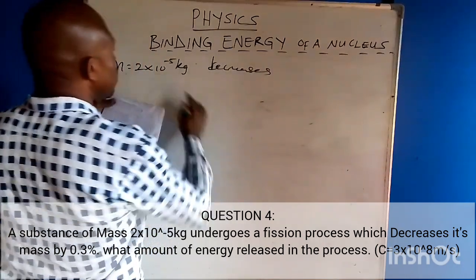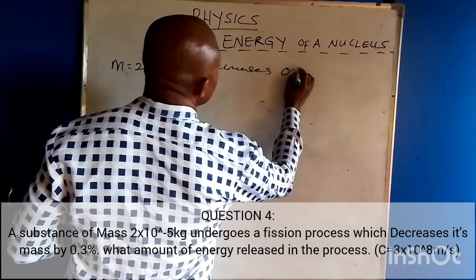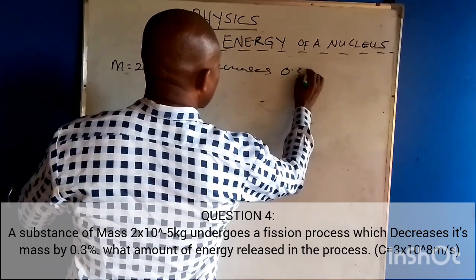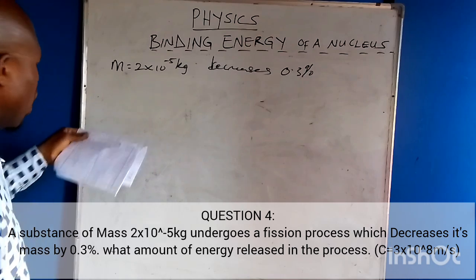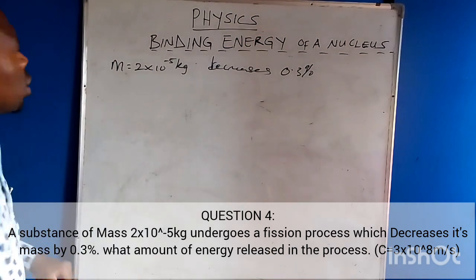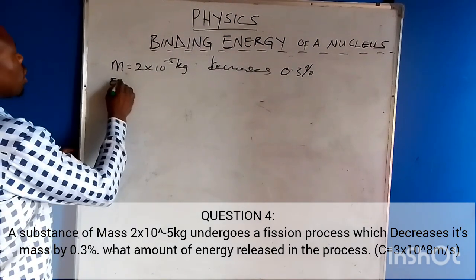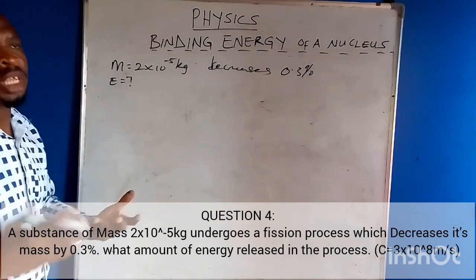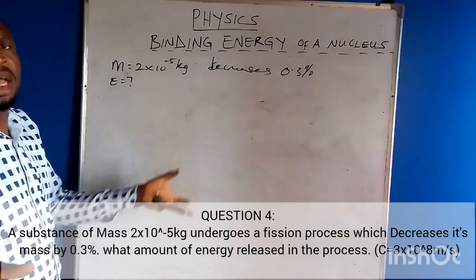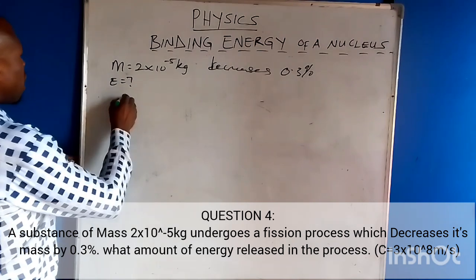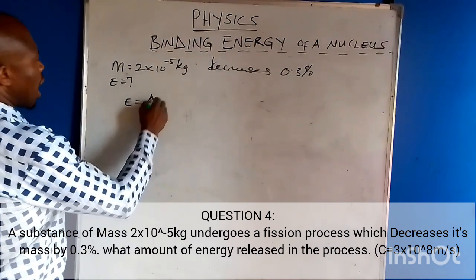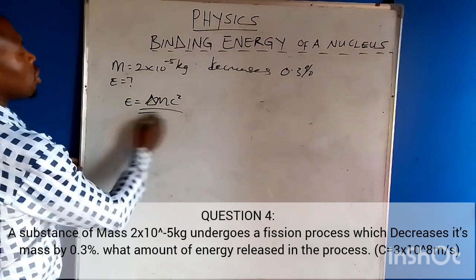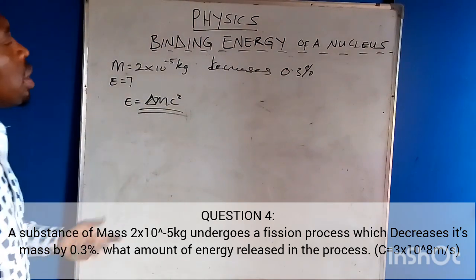This mass is decreased by 0.3%. Now, what amount of energy is released in the process? The energy released in the process is the binding energy, and this binding energy E is delta m c squared, or mc squared, as the case may be.